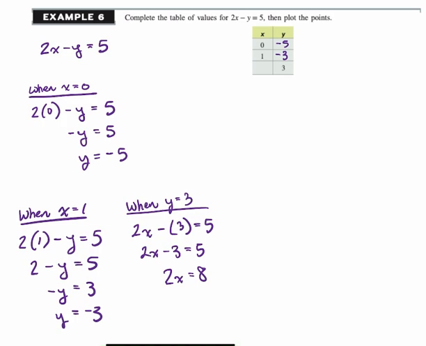And then we can divide both sides by 2. So x will equal 8 divided by 2 is 4. So that tells us we would have the point 4 comma 3 on our graph. So let's plot these points. We'll just look at the right side, since all our x values are positive.